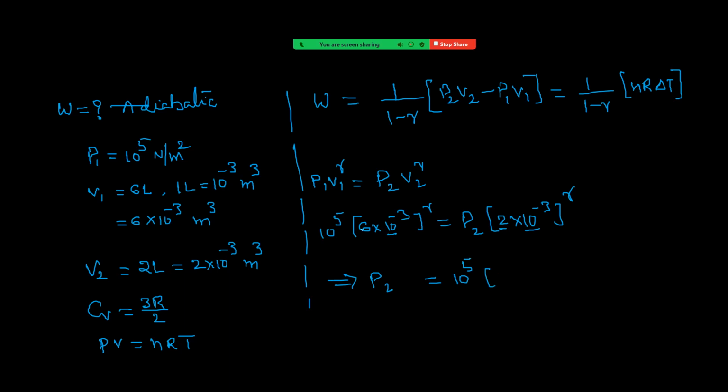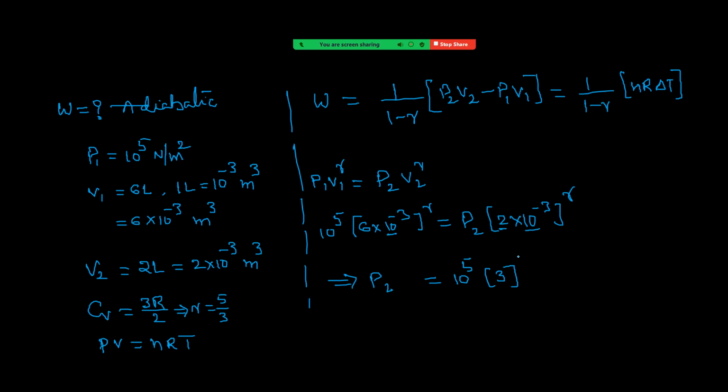Remaining is 3 power gamma. Since CV is given as 3R by 2, the gamma value is 5 by 3, right?